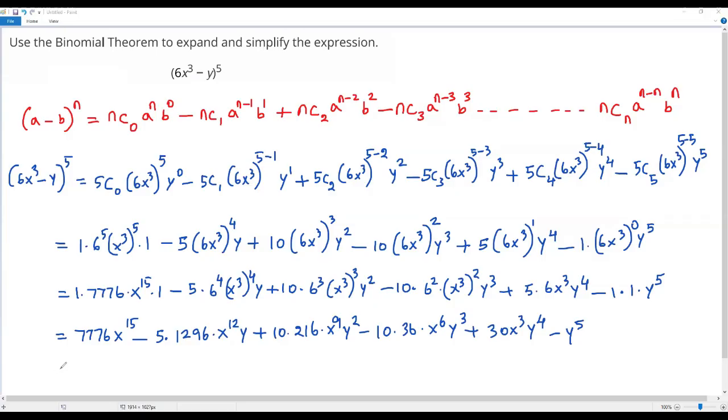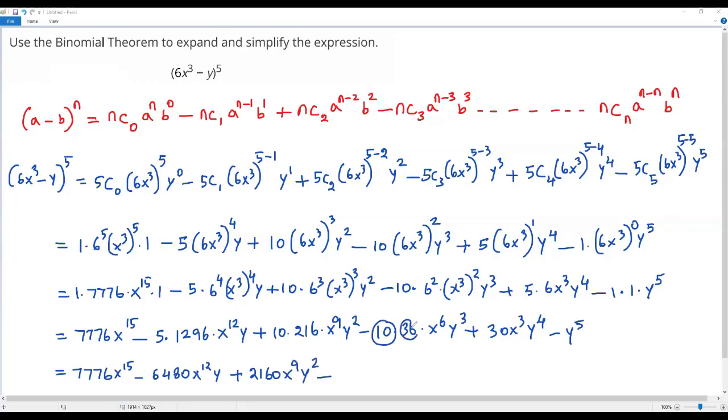We have 7776 x to the 15th power negative. When I multiply this 5 and 1296, I'm getting 6480 x to the 12th power times y positive. When I multiply this 10 and 216, I'm getting 2160 x to the 9th power times y square, and negative.